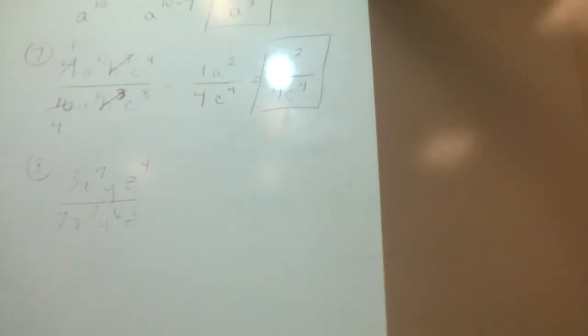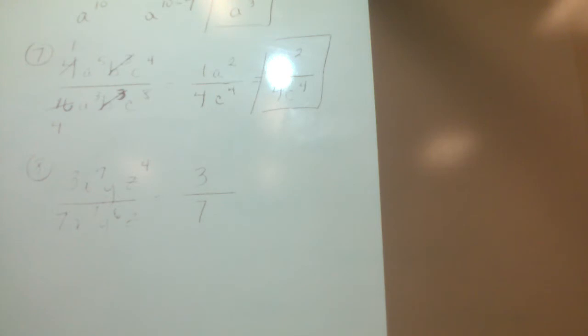Let's take a look at those coefficients, those numbers out in front. I've got 3 and 7. My first thought is, can I divide it? Well, I can't do 3 divided by 7. My next thought is, can I reduce it? Well, there's no number that goes into 3 and 7 evenly. So it may just happen, you just keep it. For this one, we're just going to keep 3 over 7.